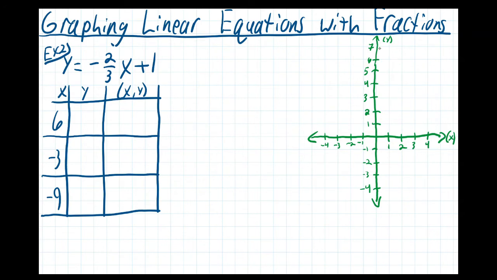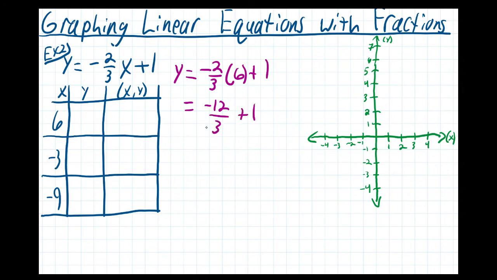So the first thing we're going to do is take our first x value, 6, and plug it in to our equation. So you get y is equal to negative 2/3 times 6 plus 1. So negative 2/3 times 6 becomes negative 12 up top, divided by 3 plus 1.